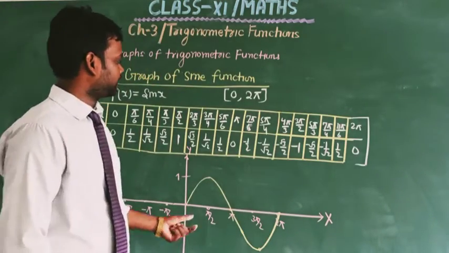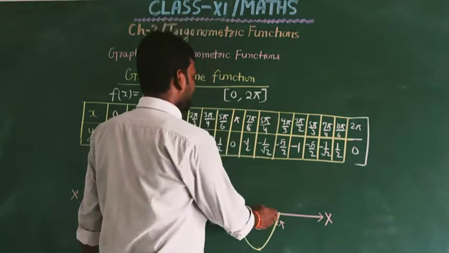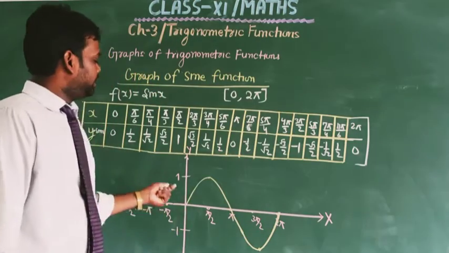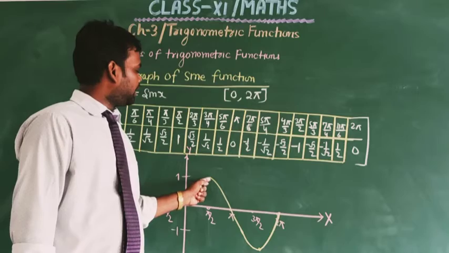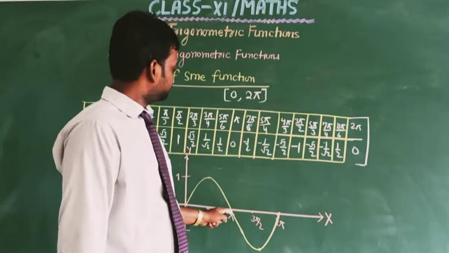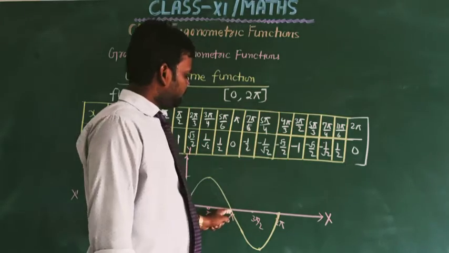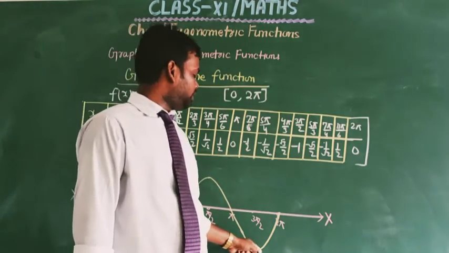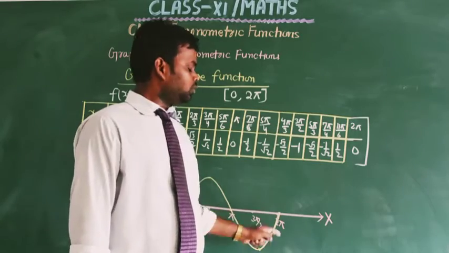And again after 2 pi the graph will be the same. Again it increases from 0 to 1 and decreases from 1 to 0, again decreases from 0 to minus 1 and increases from minus 1 to 0.